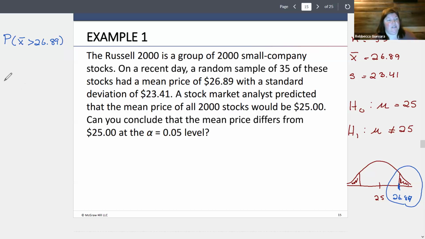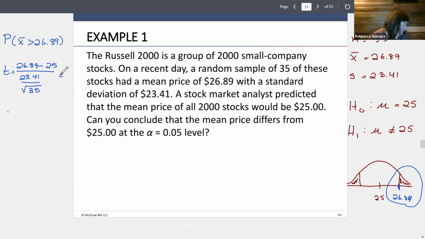So we need a test statistic for that. T is going to be my sample mean of 26.89 minus the mean from the hypothesis test of 25, divided by the standard deviation of my sample, 23.41, divided by the square root of my sample size, which was 35.